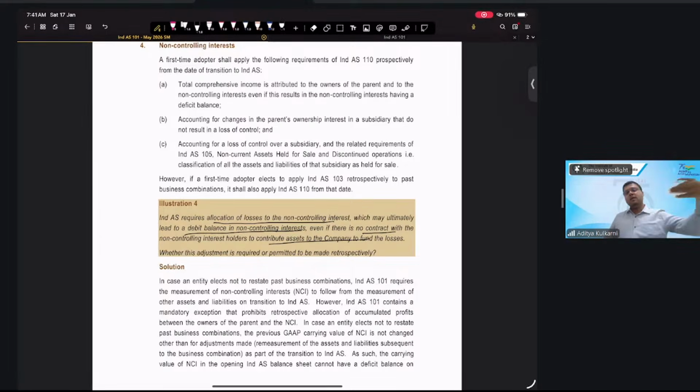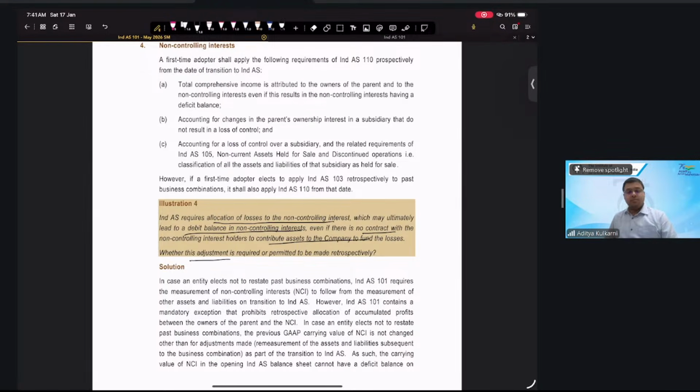Because NCI would have made an investment in equity shares, and their liability would be restricted to the value of those equity shares. If they have paid the full value, they do not have any obligation to pay anything further. So even if there is no contract, Ind AS says that you go on debiting the loss share to them. Even if it becomes negative, it is fine.